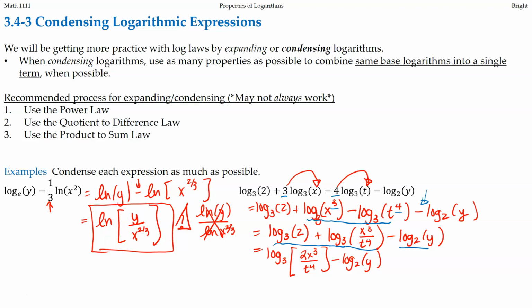At this point, you can restart the process, but we're effectively done because there are no more coefficients, no more differences, and no more sums. So this expression I could condense from 4 logarithmic terms into 2. Sometimes you can do it into 1, but not all the time. So just be on the lookout for bases. We need the same bases to combine, and otherwise you have to leave them.